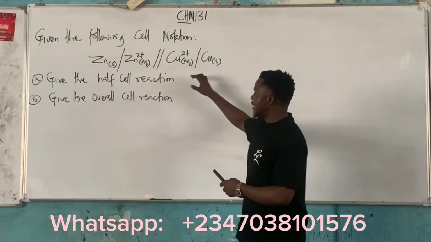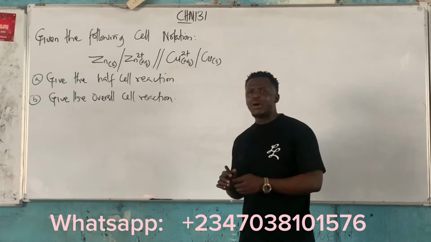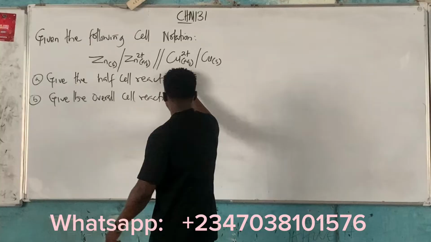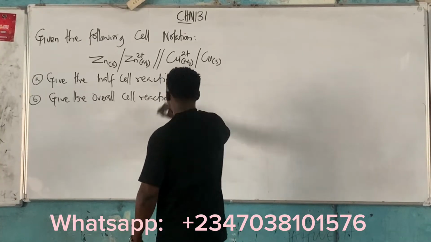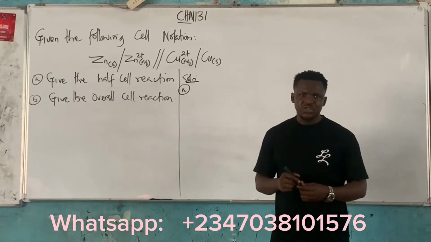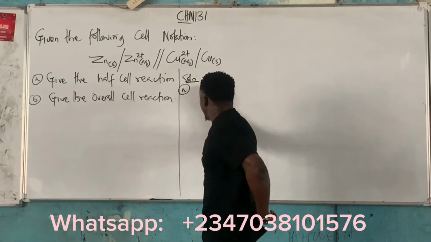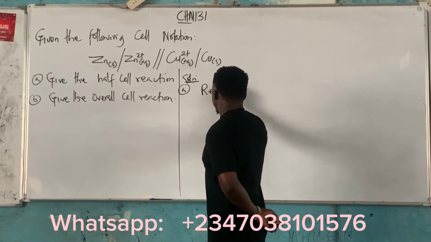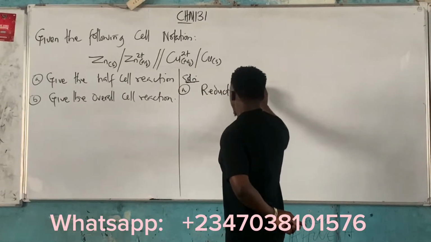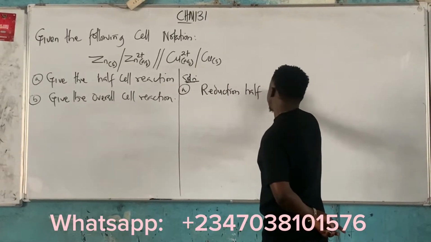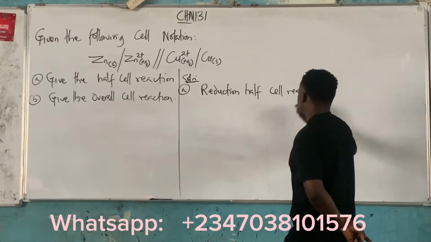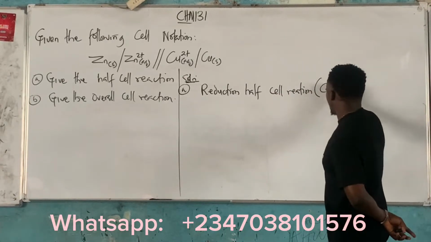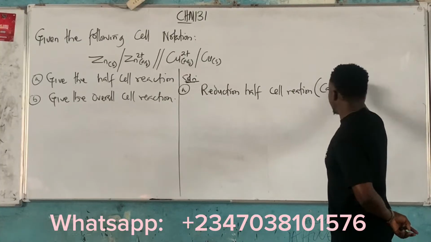So we are asked to give the half reactions for this. Remember, we have two half reactions. We have A, the reduction half cell reaction, which is the reaction that is always occurring at the cathode.